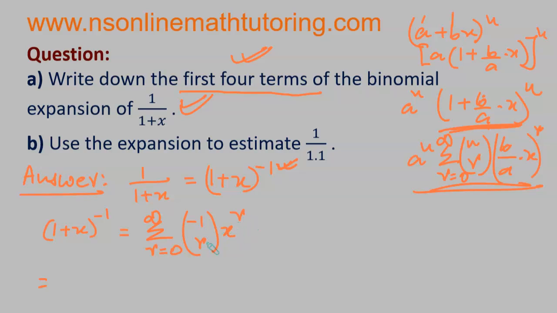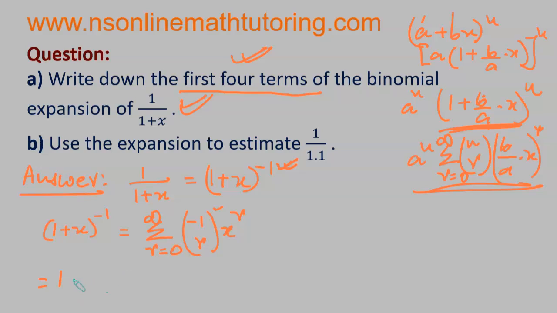And we know nC0, whatever may be the value of n, may be a positive integer, a negative integer, or a fraction, nC0 is always equal to 1. Okay. So the coefficient is equal to 1, and x raised to the power of 0 is also equal to 1. So the first term is equal to 1.